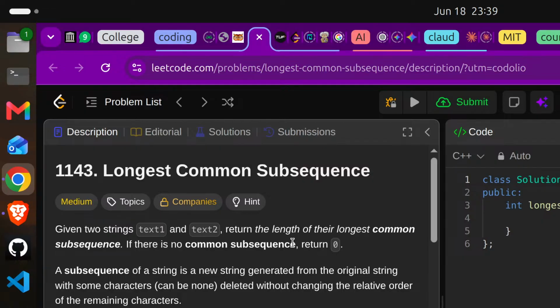Okay, let's say we have this example here. So we have to find the longest common subsequence, right? I think it's gone, but let me reopen it.